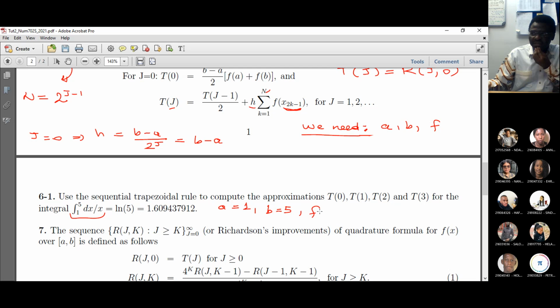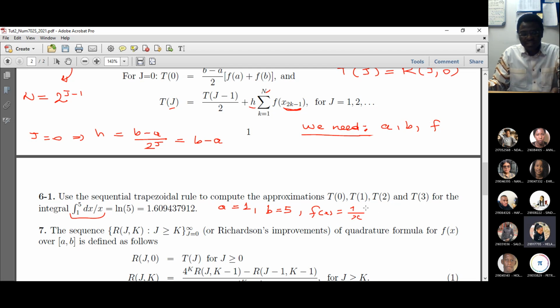And what is f of x? One over x. Good. Very good.